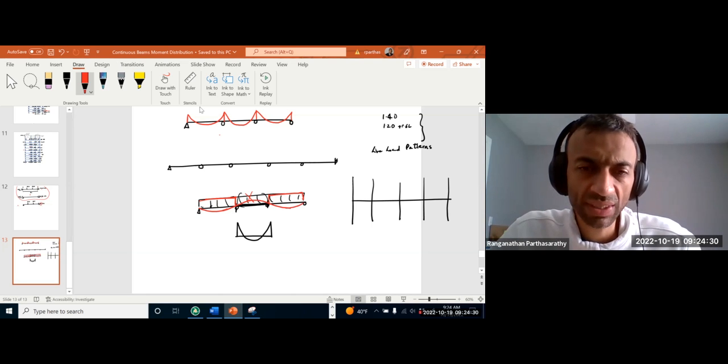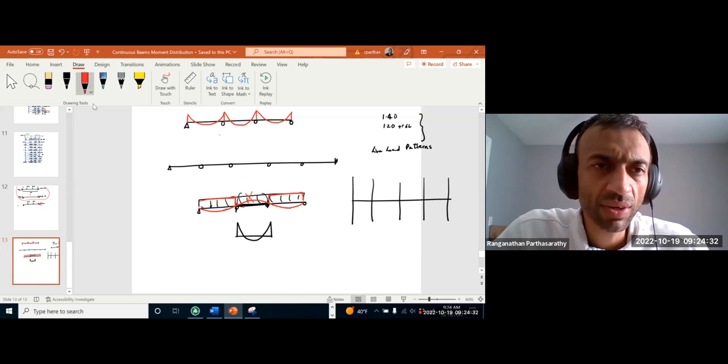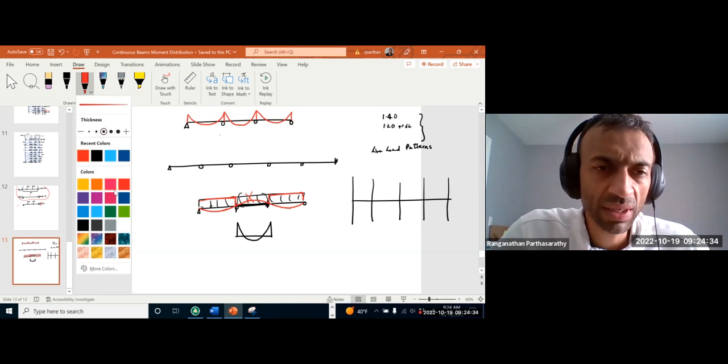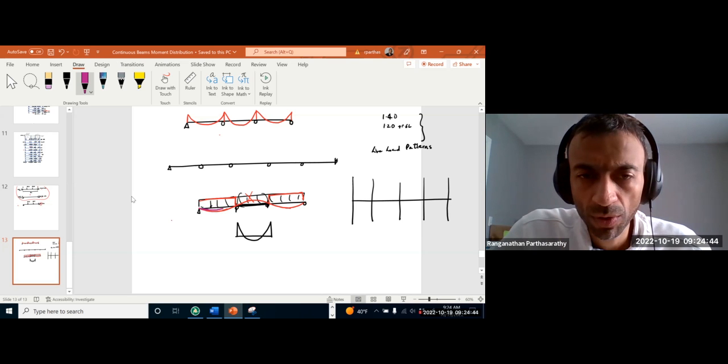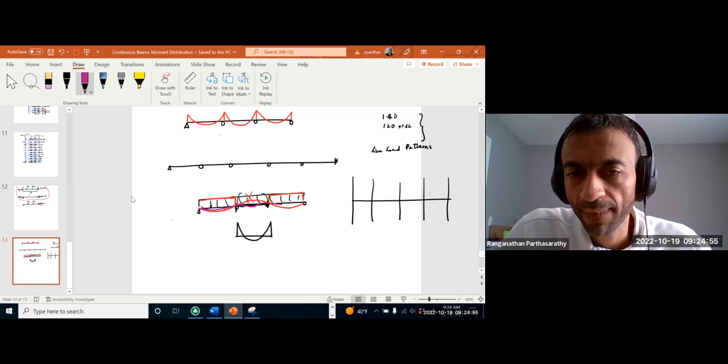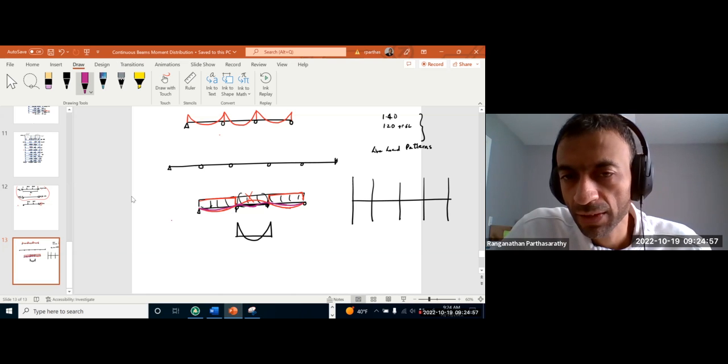In the previous case, where we loaded all the spans, you might think of it like something like that.